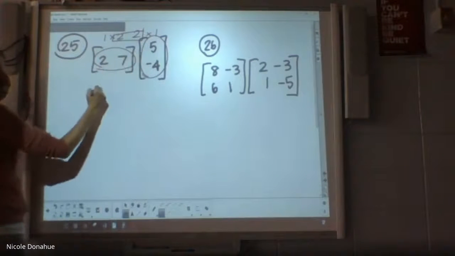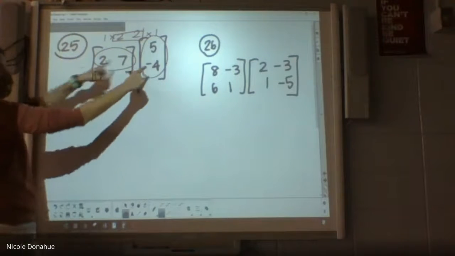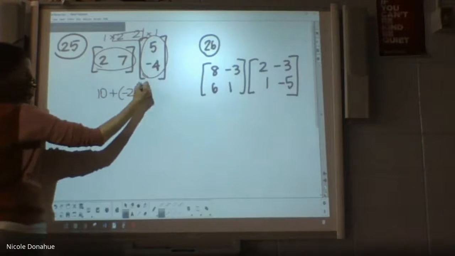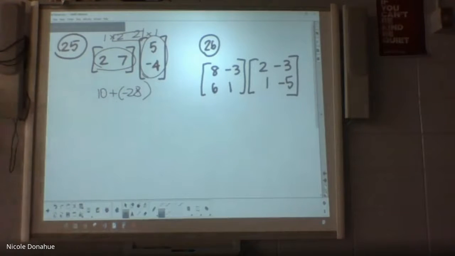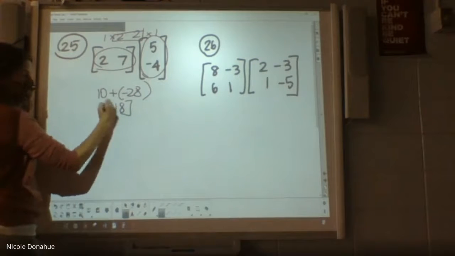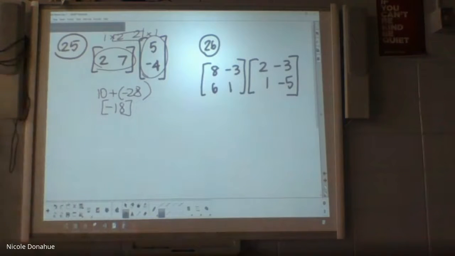So 2 times 5 is 10, plus 7 times -4 is -28. I multiply the things and then add what's together in the circle. So this ends up being -18 as our matrix. I know it has to be a one by one matrix because of checking that the middle two numbers cancel.